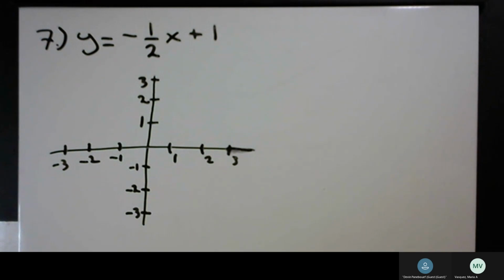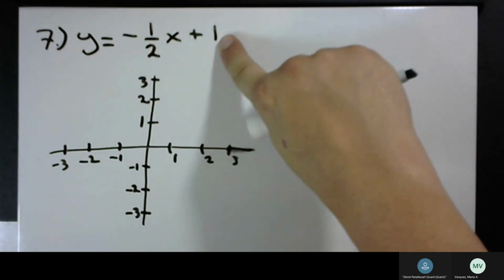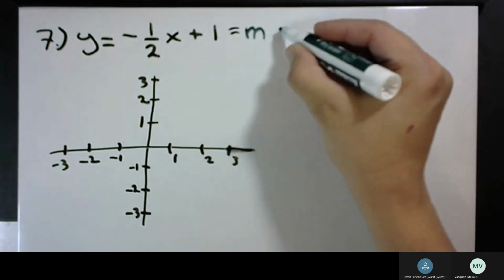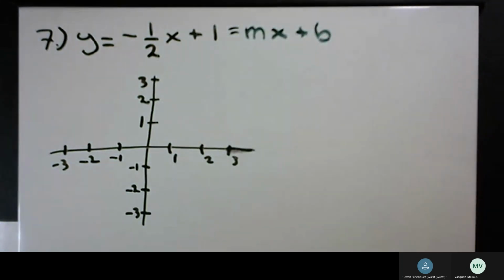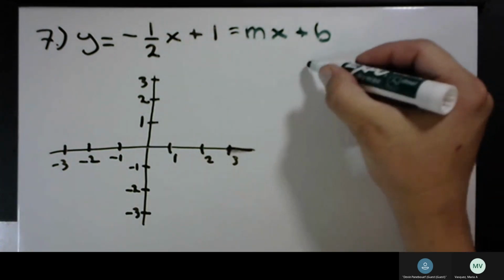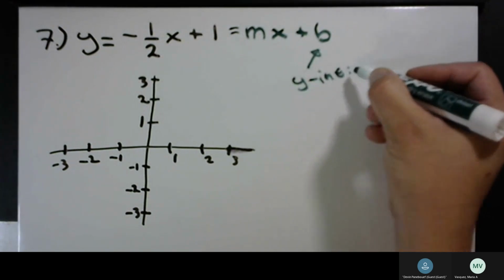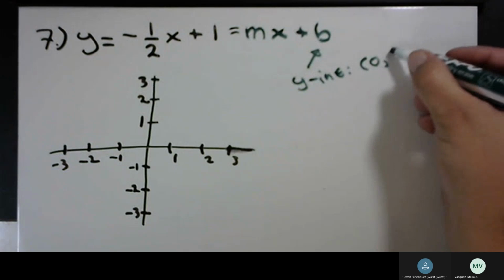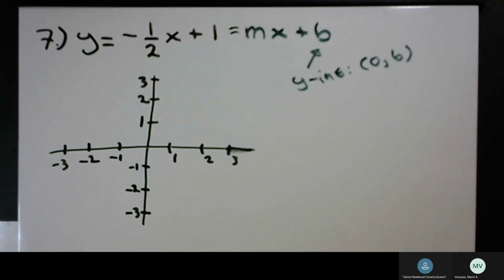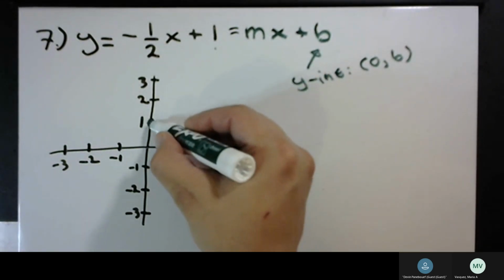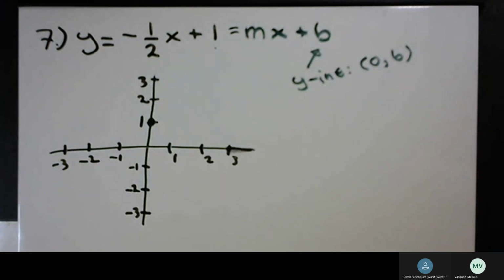So first off, we can identify the y-intercept. This is in the form mx plus b. So the y-intercept is going to be 0, comma b. So 0, comma 1 is what we're going to look at here. So that gives us a point there.